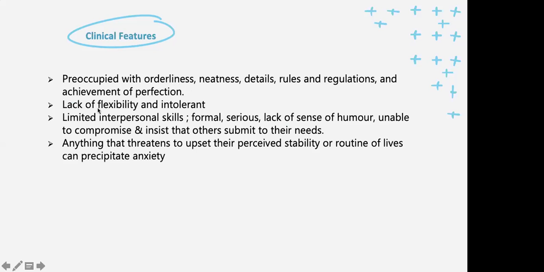They lack flexibility and are intolerant towards others. Because of this, they have limited interpersonal skills. They are very formal, serious, lacking a sense of humor, unable to compromise, and insist that others submit to their needs. Anything or anyone that threatens their stability or their routine can precipitate anxiety in them.